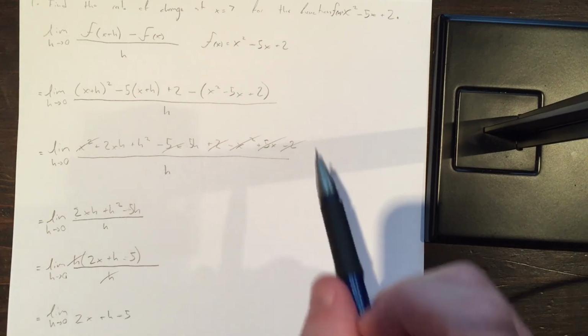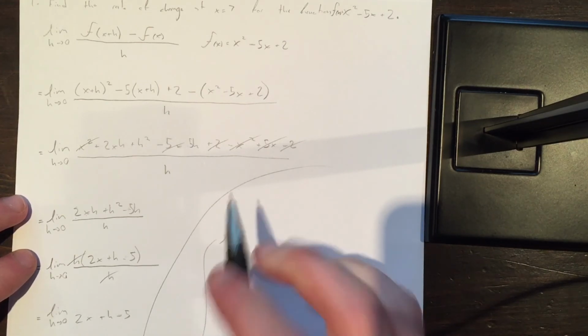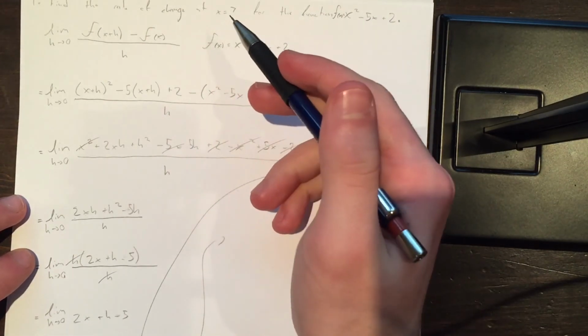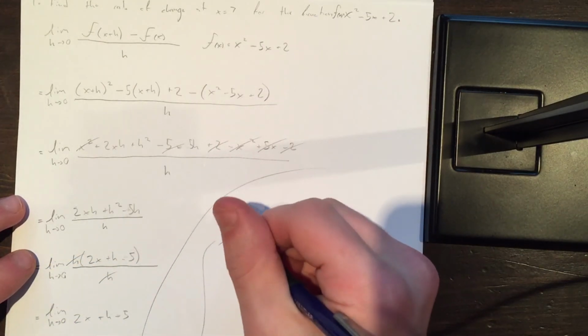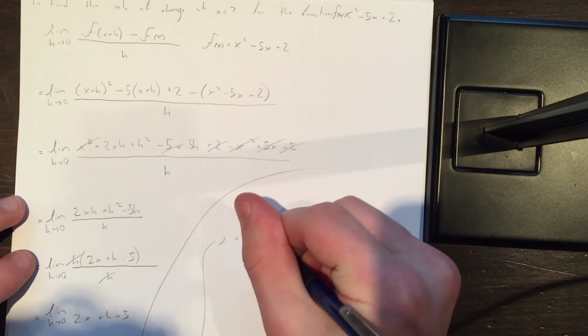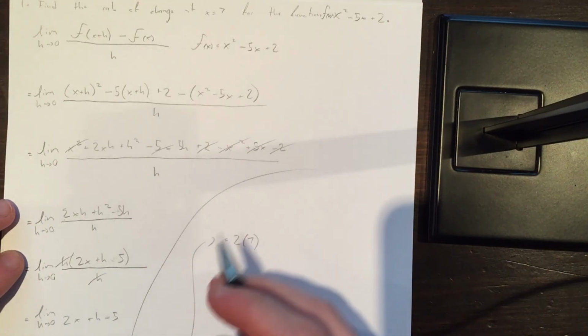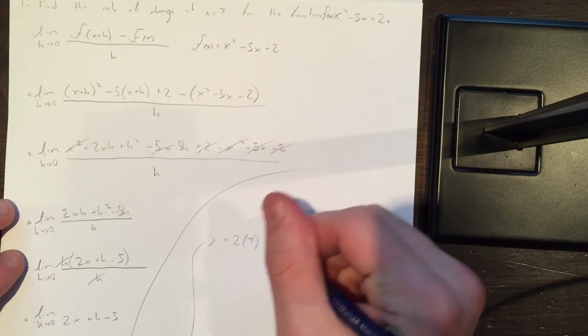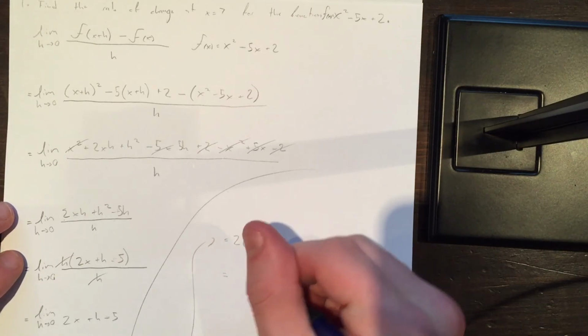Right, so this is the derivative, right? But our goal isn't to find the derivative, but to find the rate of change at x equals 7. So the next thing we're going to do is replace x in the derivative equation with 7. So 2 bracket 7 minus 5, and that is going to come out to 9.